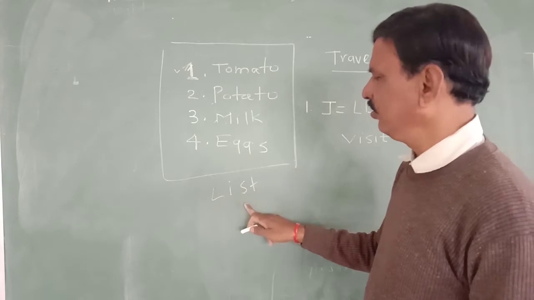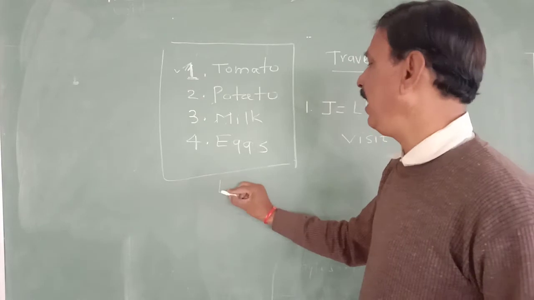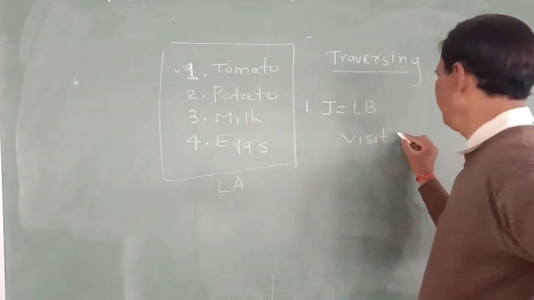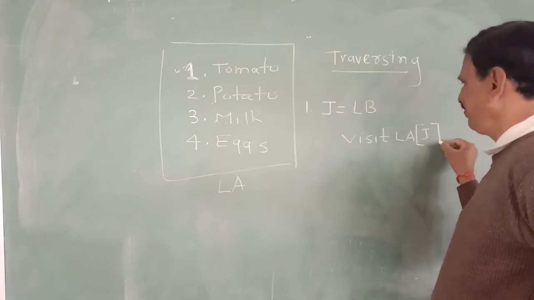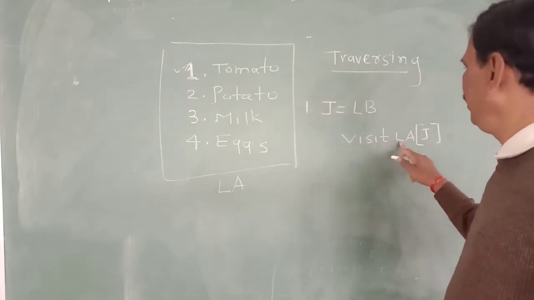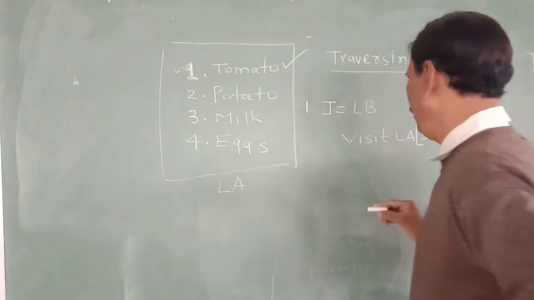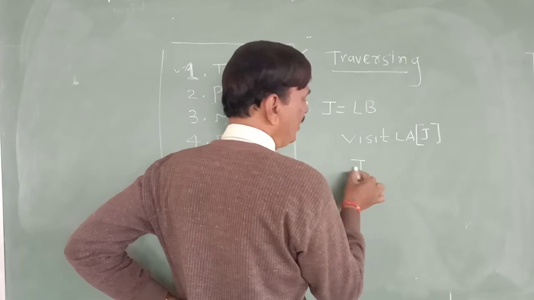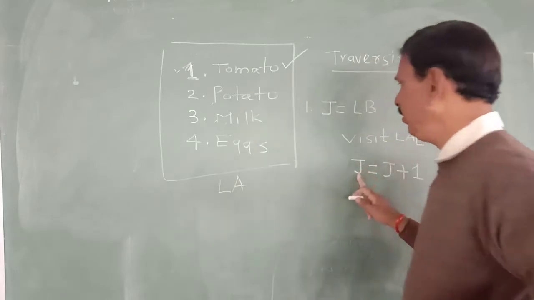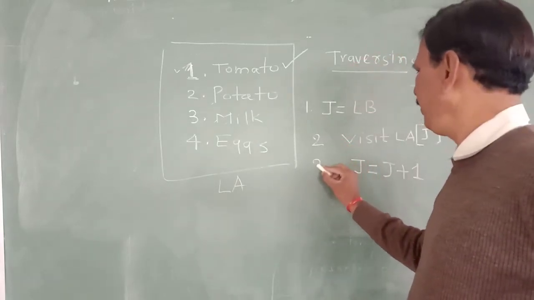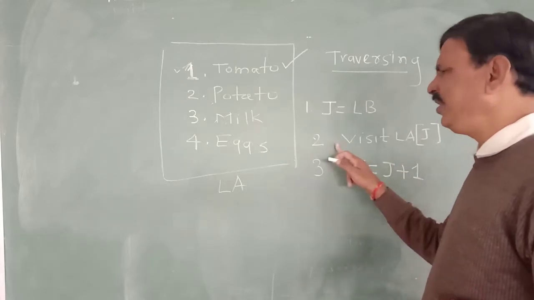Okay. Visit. Say the list is there. We will give the name to this list as LA. Visit LA's J, means visit LA's 1, visited. Now J is equal to J plus 1. Step number 2, step number 3. J becomes 2, so again we have to visit.